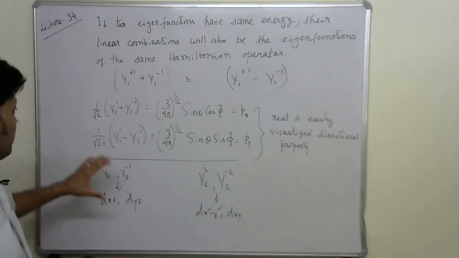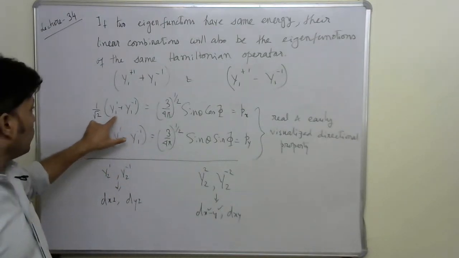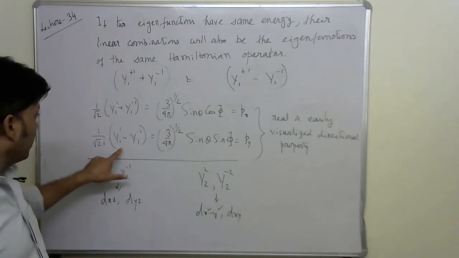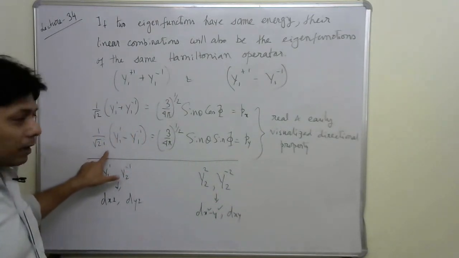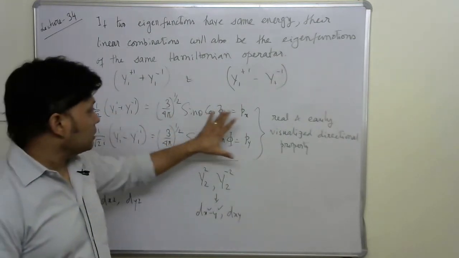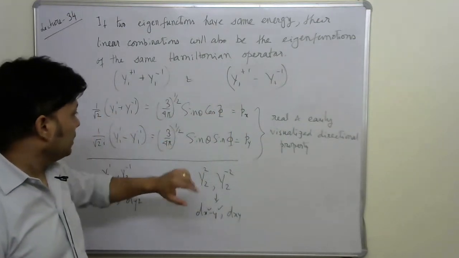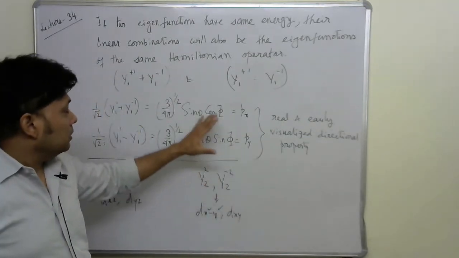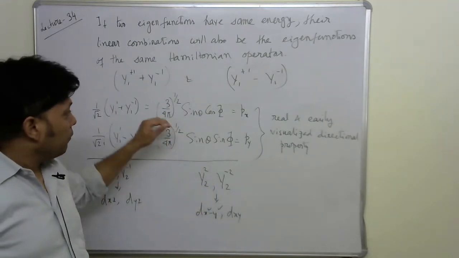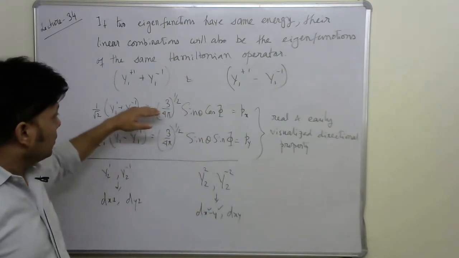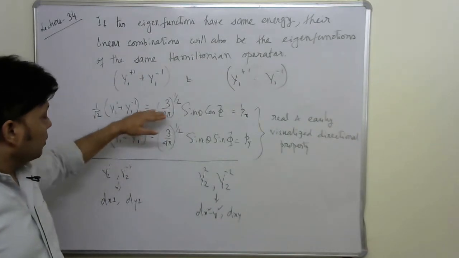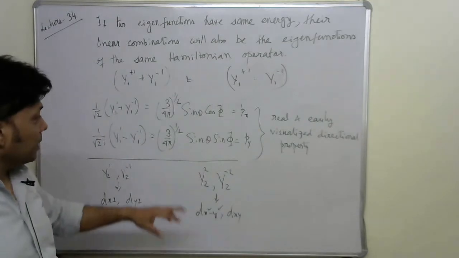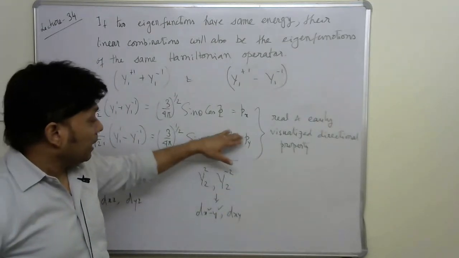For example, if we take the linear combination of Y1 1 and Y1 minus 1 in this manner, and also Y1 1 minus Y1 minus 1 in this manner, we generate functions like sine theta cos phi and sine theta sine phi. If we plot the polar plots, we will find that the orbital represented by this wave function lies along the x-axis, and this one lies along the y-axis.